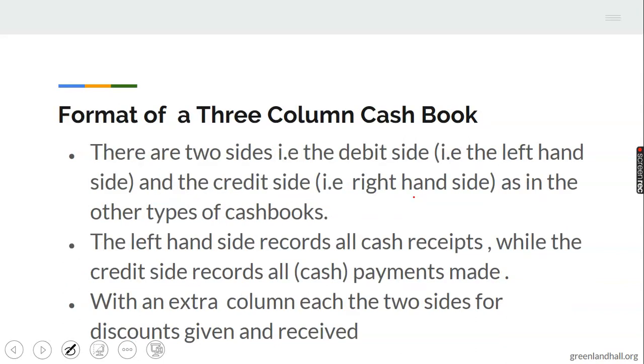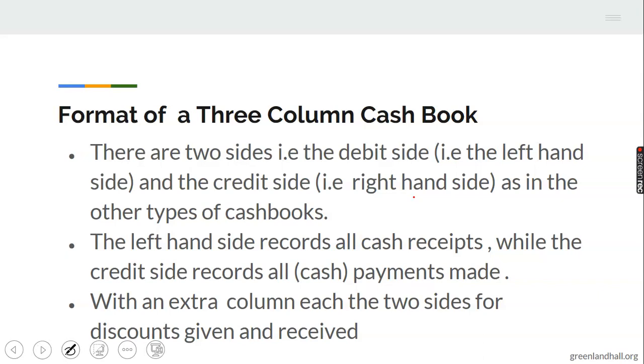The format of a 3-column cash book. We have two sides to the 3-column cash book also. That is, we have the left-hand side, the debit side, and the right-hand side, which is the credit side, like we have in other types of cash books.